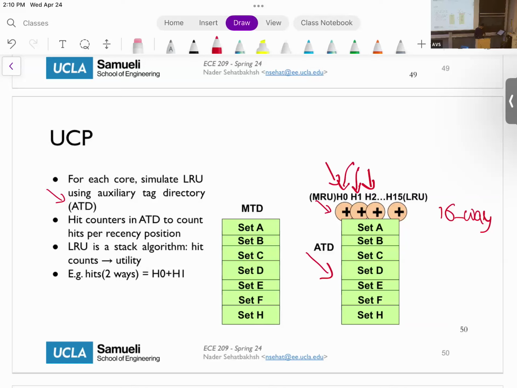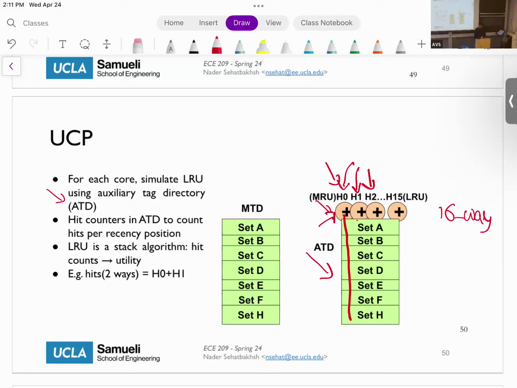And then what we're gonna do is count the amount of hits in each of these ways. And the way that we're gonna do this is we're first gonna assume that if this application had only just one way, how many hits it would have had.